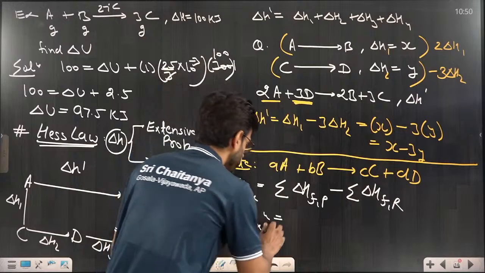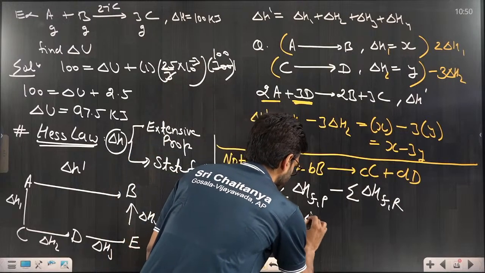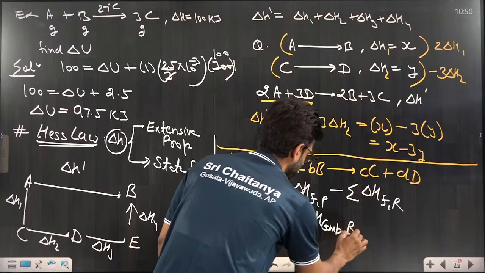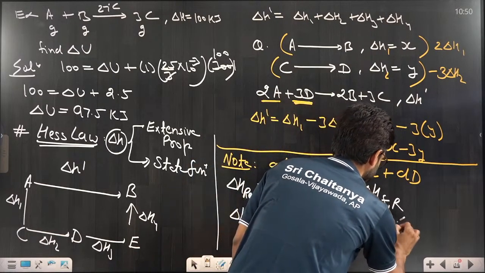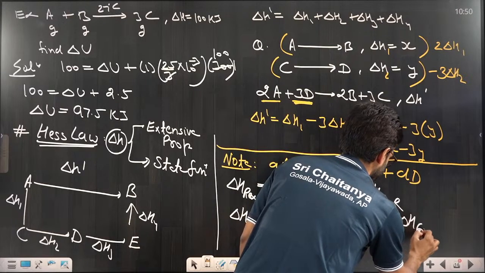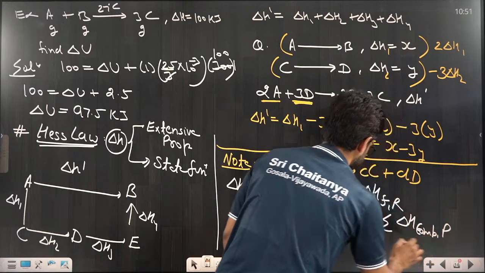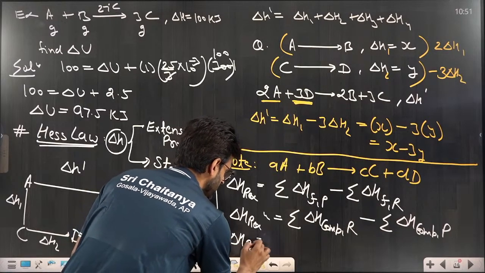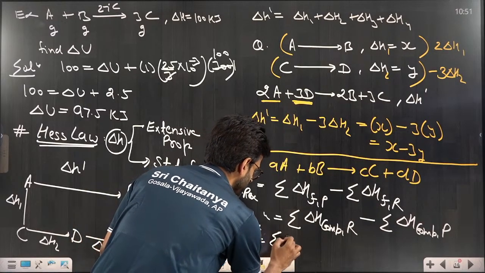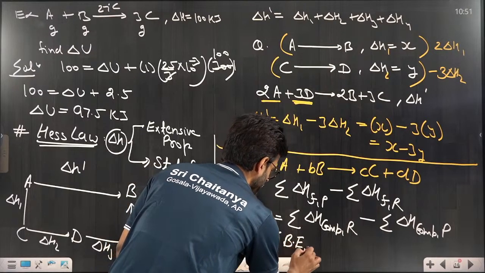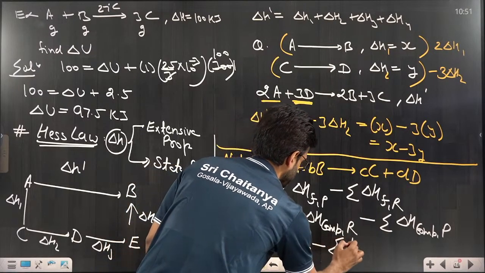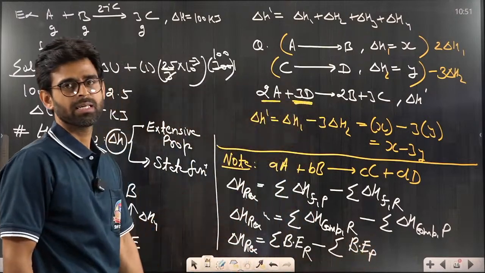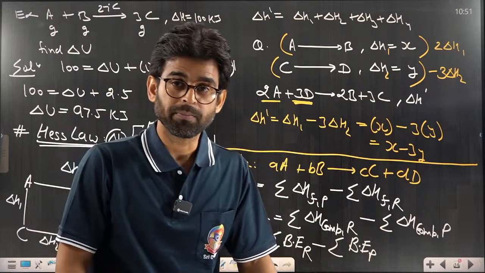What will I use? I will use summation of enthalpy of combustion of reactants minus summation of enthalpy of combustion of products. If they give us bond energies of everything, I will say summation of bond energy of reactants minus summation of bond energy of products. Very, very important. It saves a lot of your time.